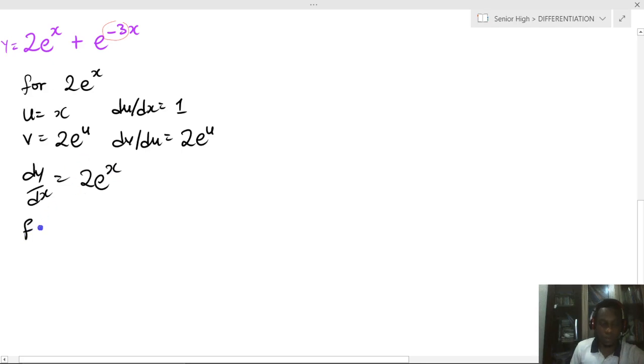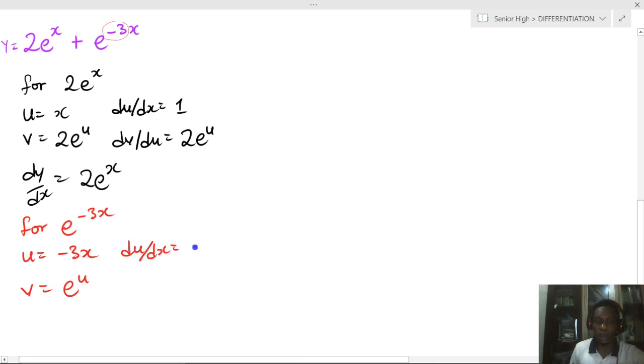Then let's use the next one, 4 exponential minus 3x. We have that our u is equal to minus 3x, and our v is equal to exponential u. So our du/dx will be equal to minus 3, and our dv/du will be exponential u still.